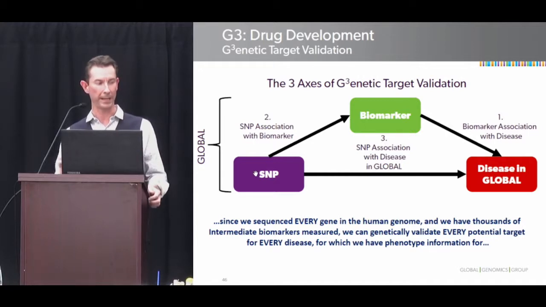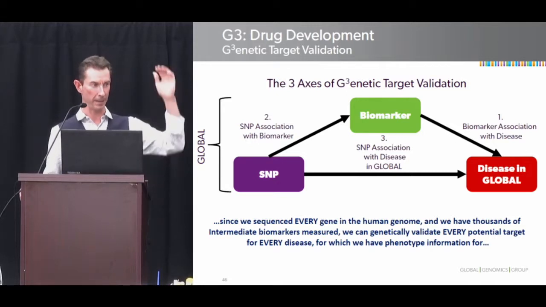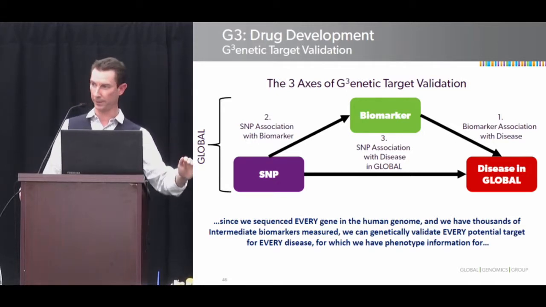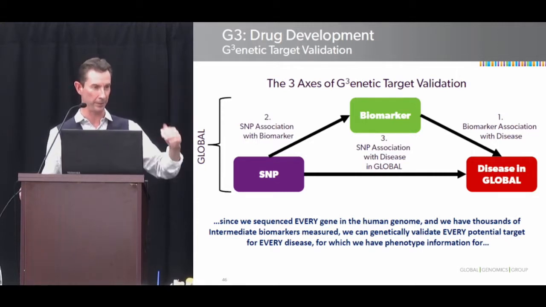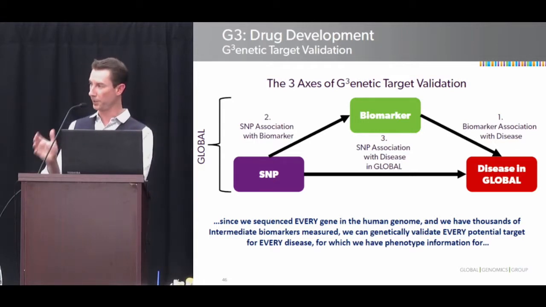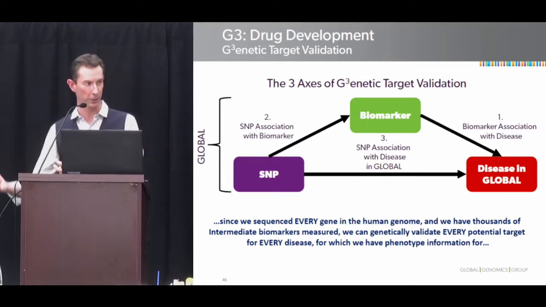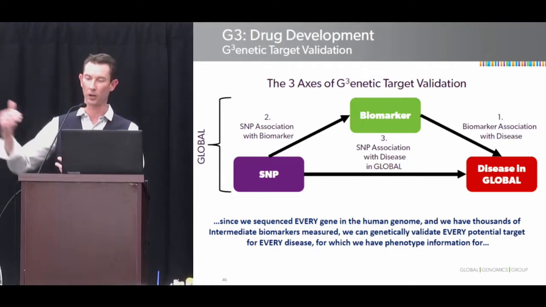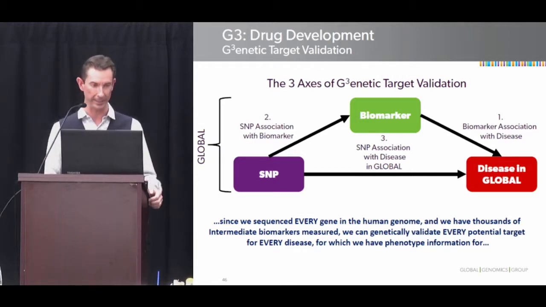Then secondly, we go back in the genome and identify variants that cause lifetime high or lifetime low levels of that biomarker. An example would be PCSK9 loss of function variants are associated with lifetime low levels of LDL cholesterol. And step 3, we then look at those variants against the disease, and if there's an association, then we close the loop, where LDL is now causal in atherosclerosis and PCSK9 is a genetically validated target.